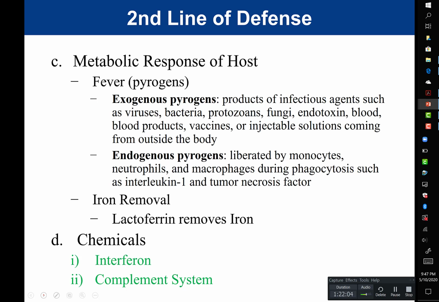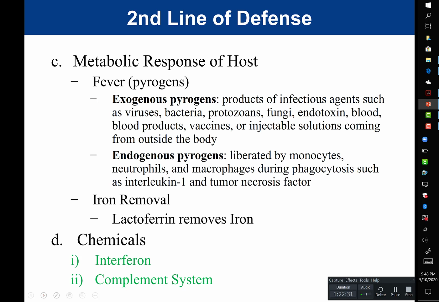We also can have endogenous pyrogens. Endo means within, meaning that our own body stimulates a fever. These endogenous pyrogens are liberated by monocytes, neutrophils, and macrophages during phagocytosis, such as interleukin-1 and tumor necrosis factor.